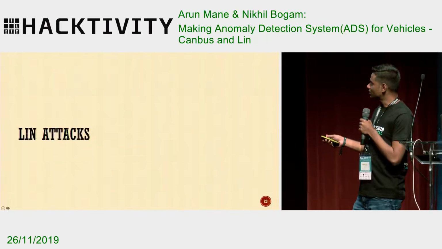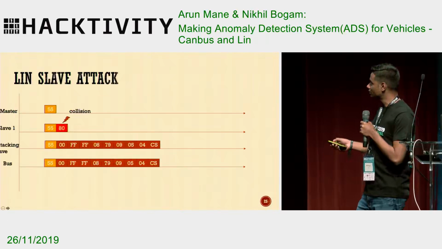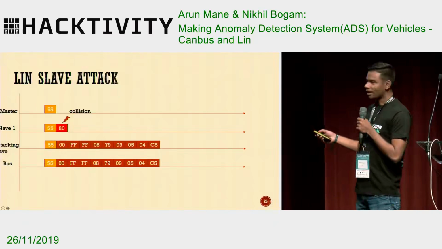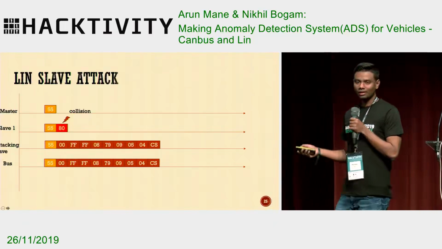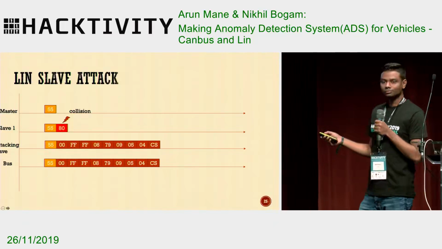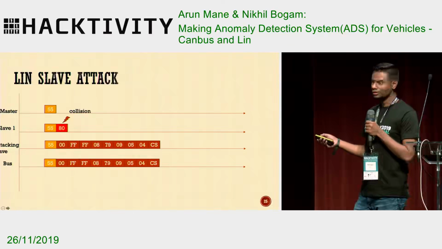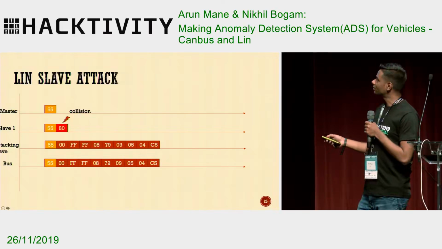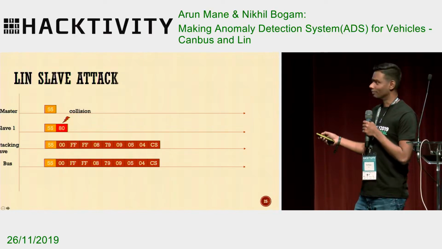In this collision, slave 1 will understand that there is a problem on the bus, maybe a fault, and it will stop sending the information. The attacker slave can now send whatever data it wants after that byte.